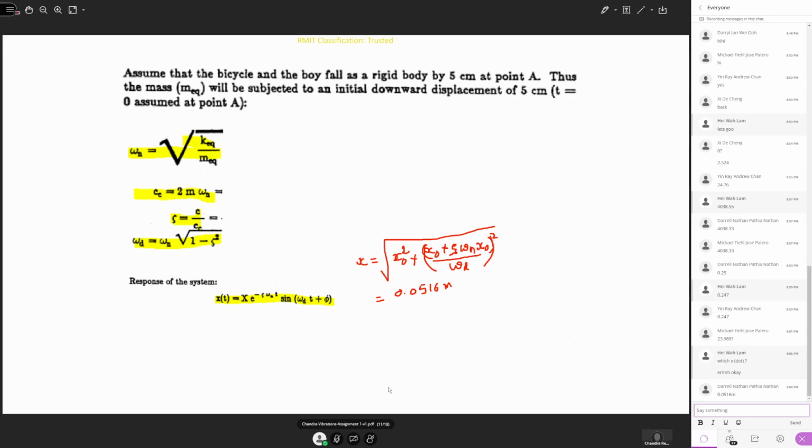Then you need to calculate the phase. So what will be the phase? The phase you can calculate as tan inverse of x naught omega d over x naught dot plus eta omega n x naught.